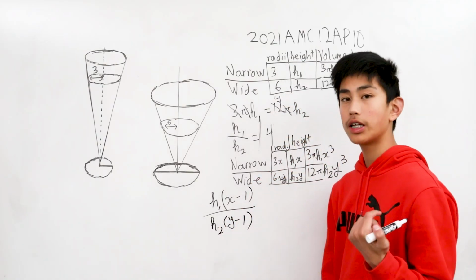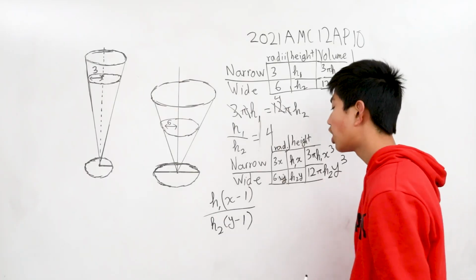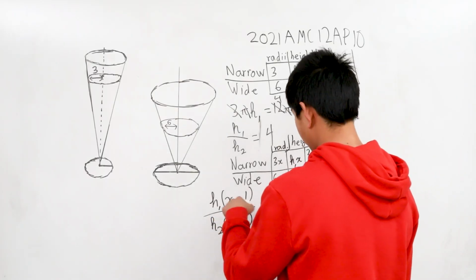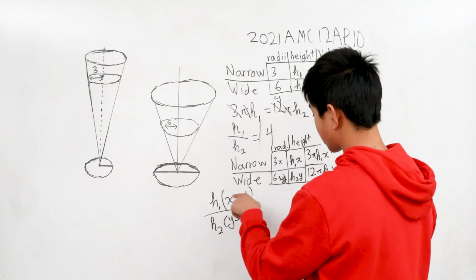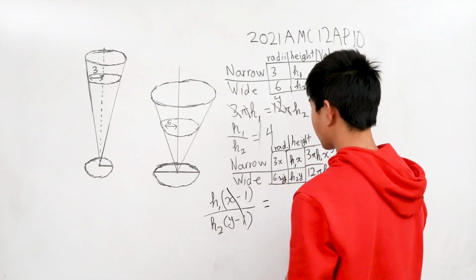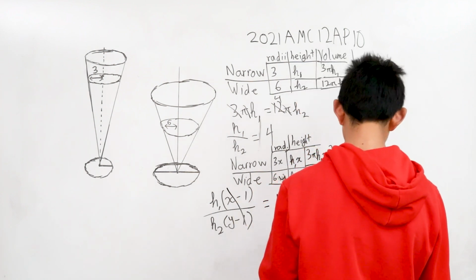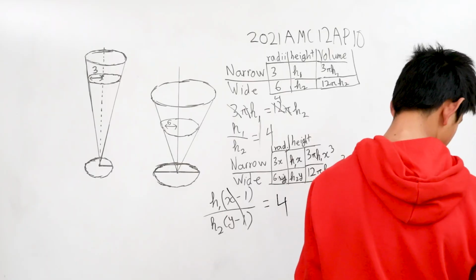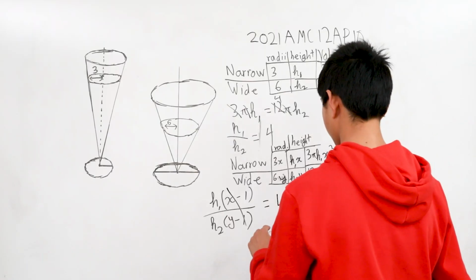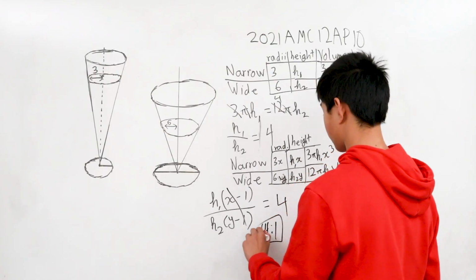Since we've shown that the variables x and y are equal, whatever the ratio of x minus 1 to y minus 1 is, that's still going to be equal. So what we want to find is h1 over h2, which is 4, or as the problem wants it, a ratio of 4 to 1. And that is our answer for this problem.